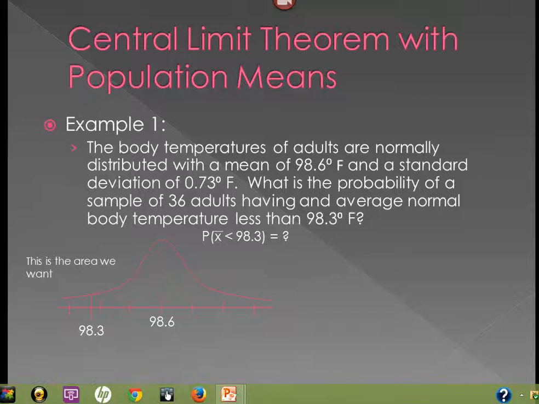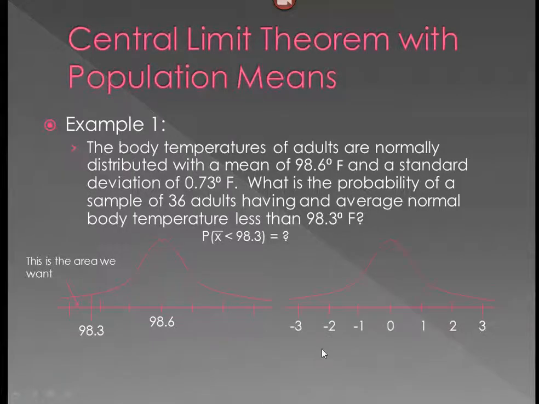To figure out really how far to the left, we would need to look at what the z-value would be. In other words, we're translating it from our original data over to what it would be on the standard normal curve. This will give me an idea of how many standard deviations I am away from the mean.